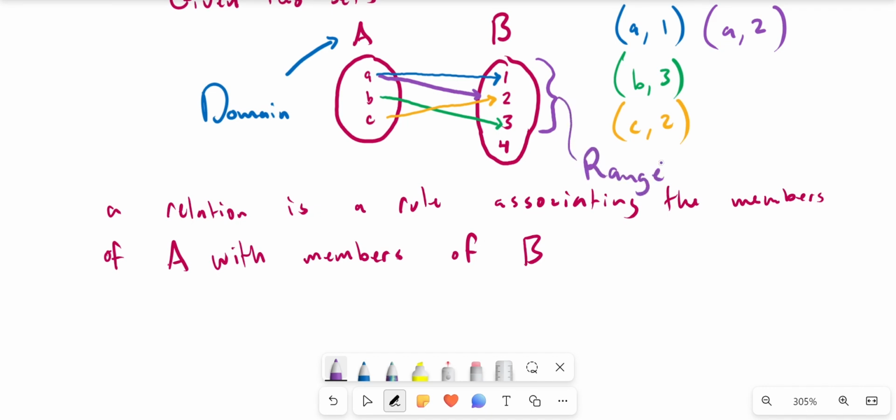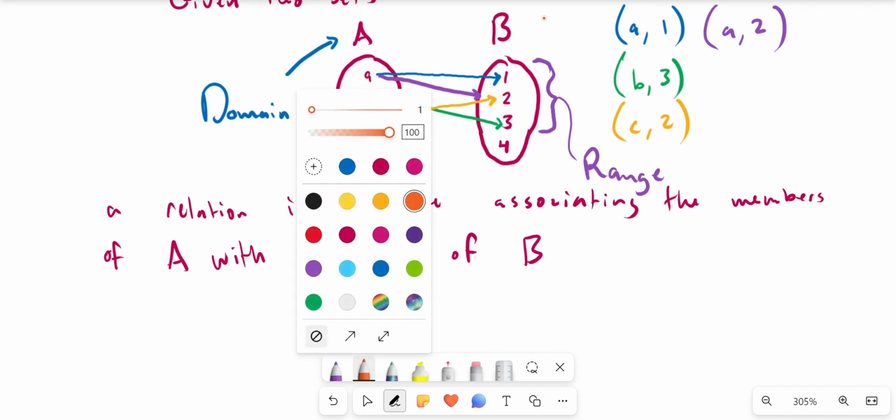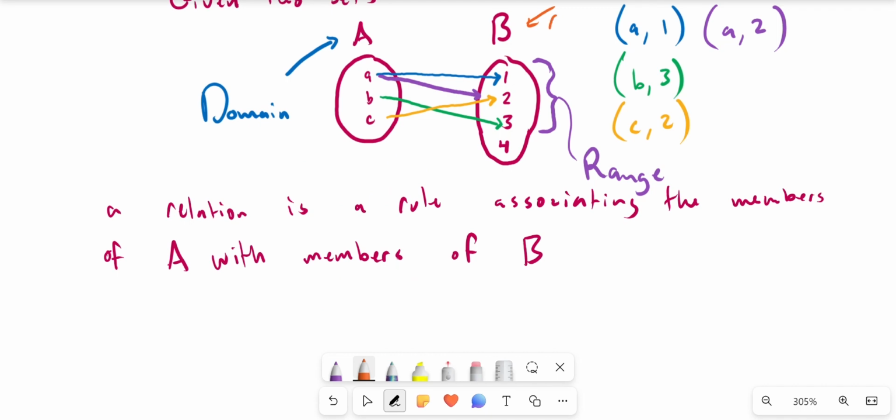It's the set of all the targets of the relation. The whole B is called the codomain. We really don't need that terminology for this class, but I'll just say it does have a name, the codomain.